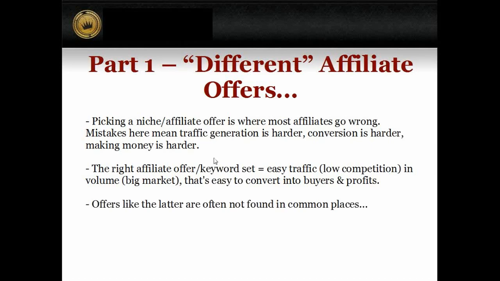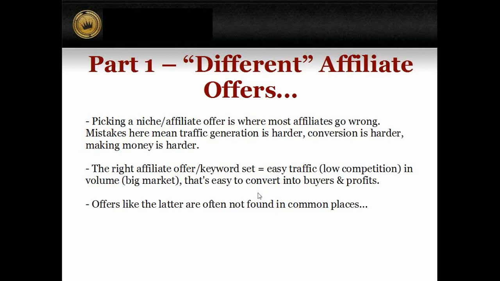The only problem with this is that offers like the latter, and niches like the latter, are not found in common places. And in general, they can be quite tricky to find. That's why services like OfferVault are so valuable, because it allows us to dig deeply into many different markets, many different offers in a short period of time, and very, very easily.